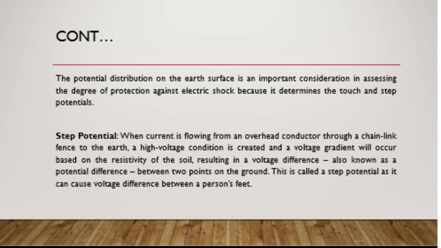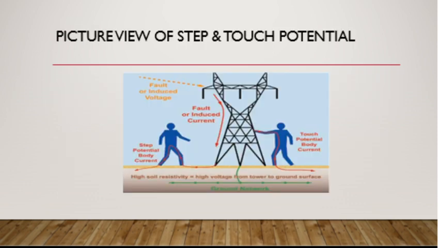So now let's assume we are having that diagram, the picture view, also. Assume that you are the left man, standing there, not touching the earth tower. Assume that you are that human being who is not touching the tower, standing left of the tower.